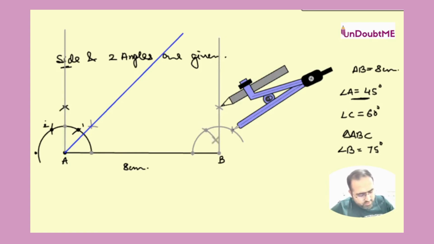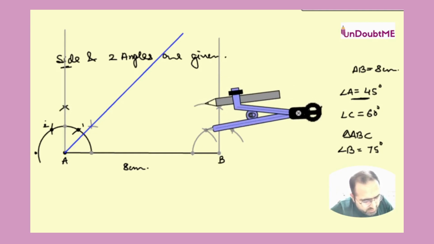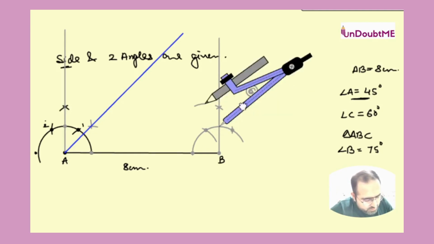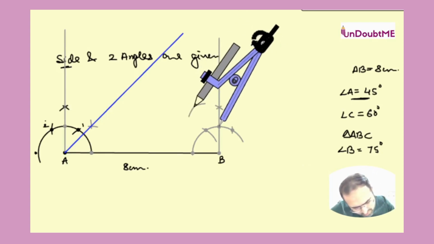And 60 degree is also there. So I'll just make, okay, 60 degree, actually we can skip making it. We'll just use that only. So I'll use the same radius, keeping the compass over here. I'll put an arc somewhere over here. Then I'll keep the compass at 90 degree, and then I'll put an arc intersecting the previous one.